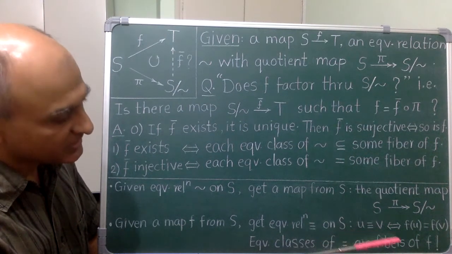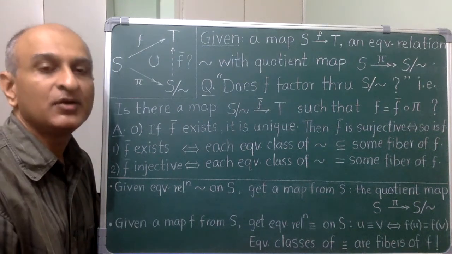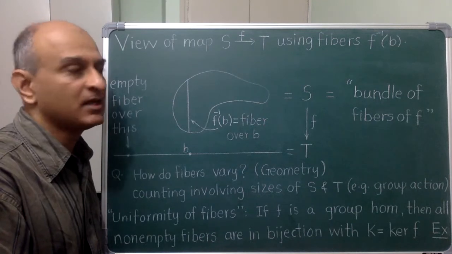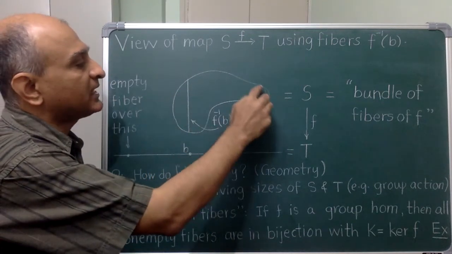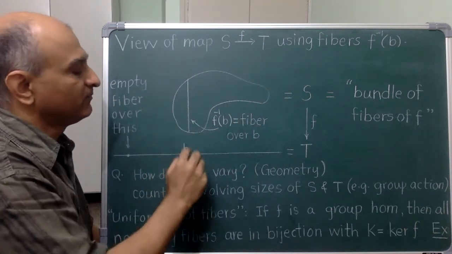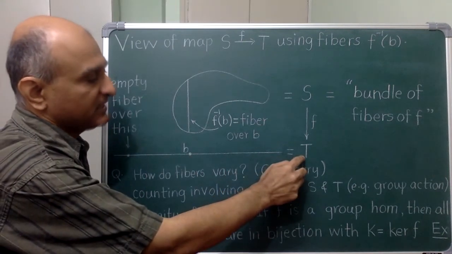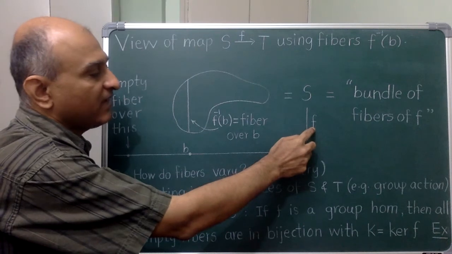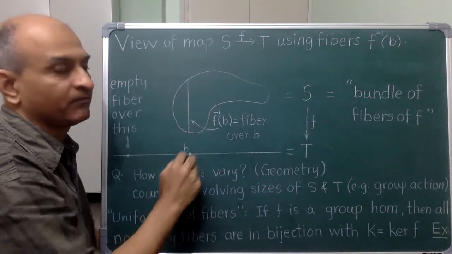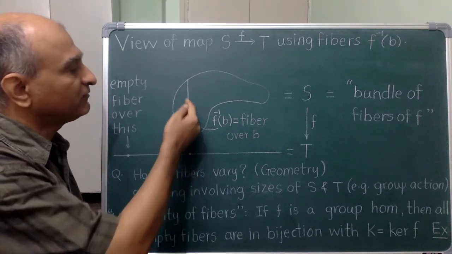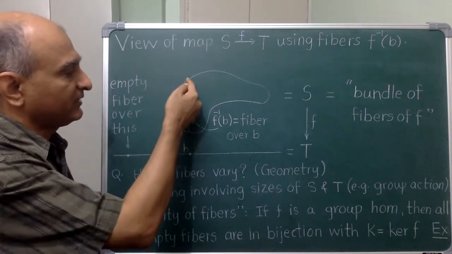And we will use this to finally transition to the algebraic context. Take a function f. Suppose the source set is some kind of cloud sitting over a line representing the target set T. Think of the function f as projection. So the fiber over any point is just the part of the cloud sitting directly above it.